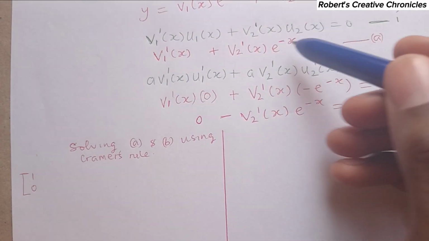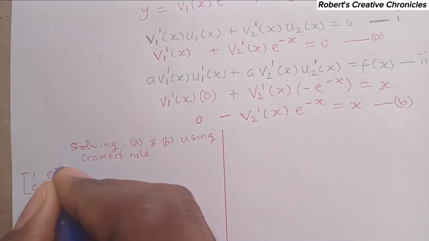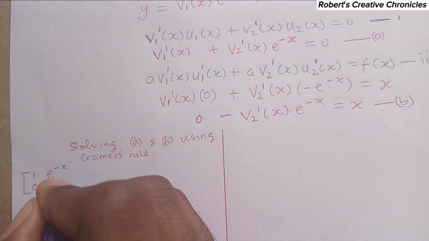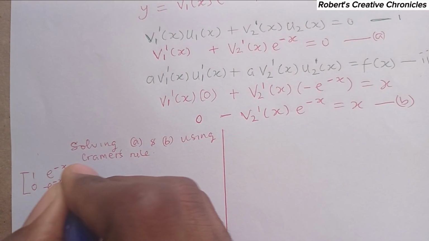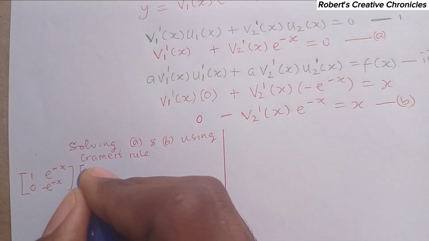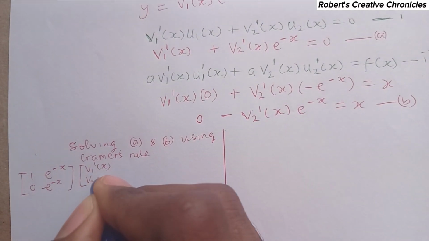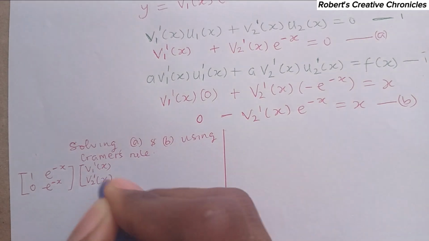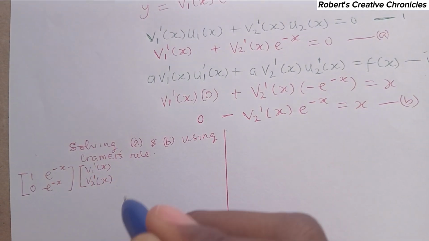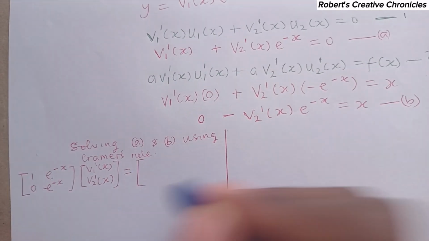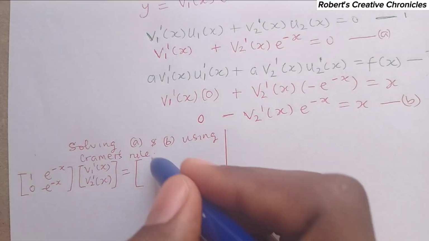Then here is exponential minus x and negative exponential minus x. Then multiplied by our variables, which is v1 prime of x and v2 prime of x, is equal to 0 and x.